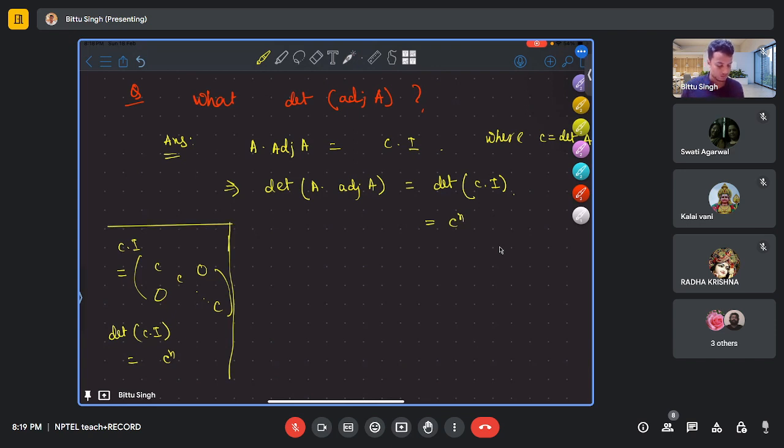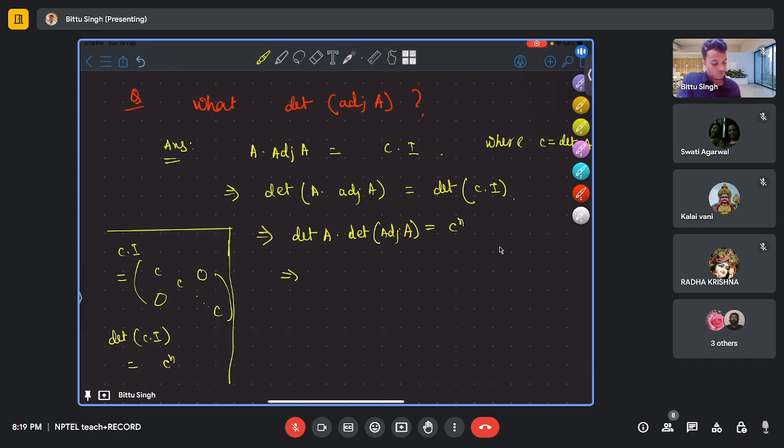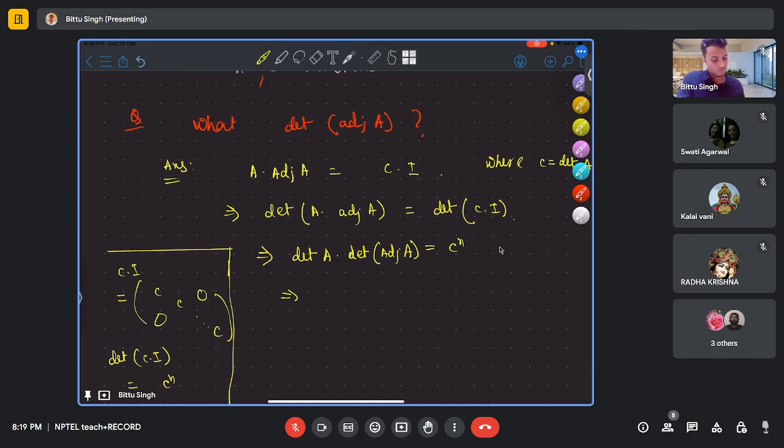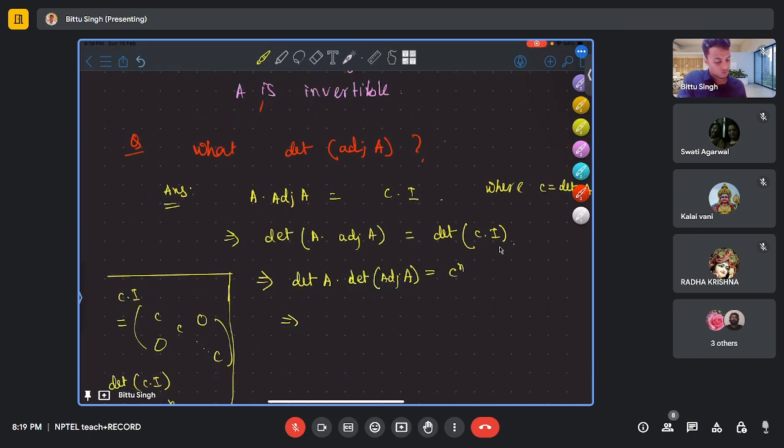And on the left hand side, we can use the property that determinant of a product is the same as the product of the individual determinants. Now suppose C is non-zero, given determinant A is non-zero, this is also given.